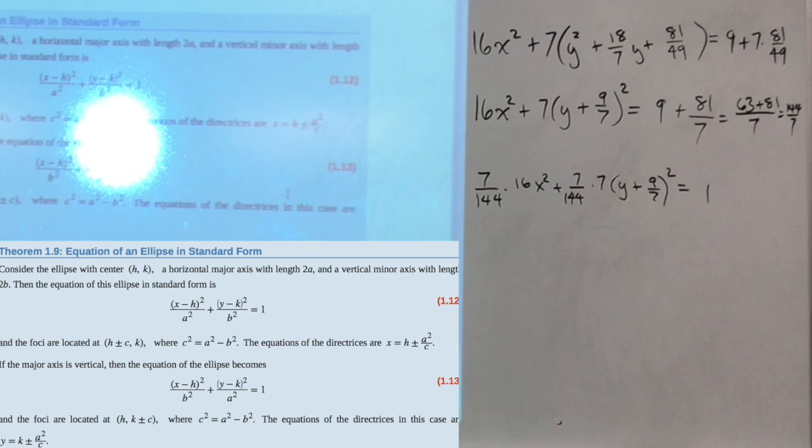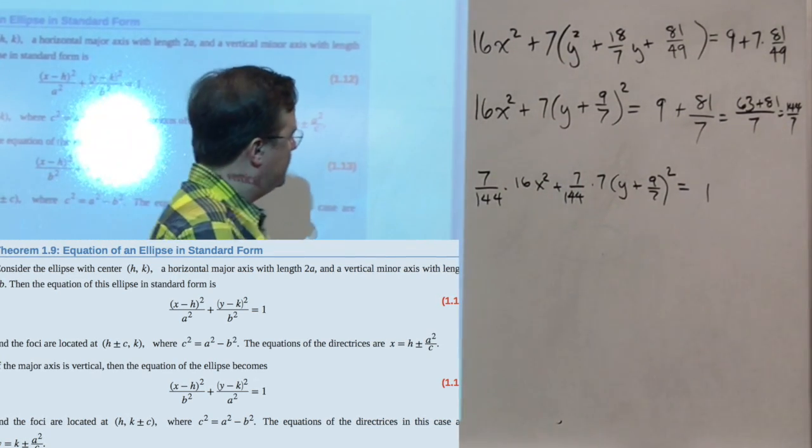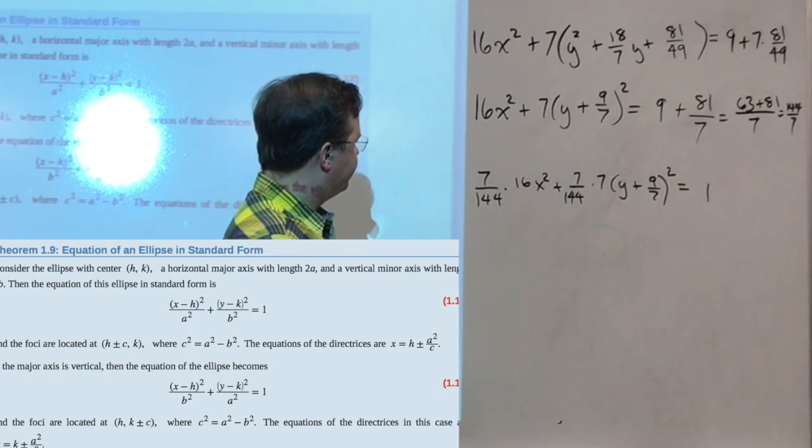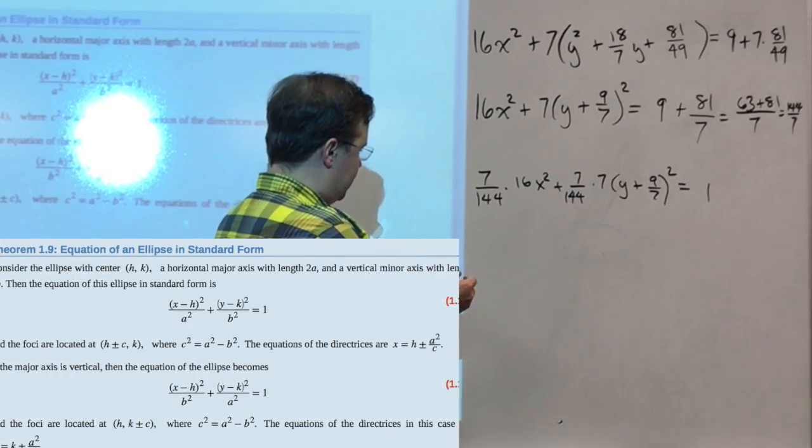I'm trying to put it into this form where I can clearly see what A and B are. One of these works out nice, one of them doesn't.